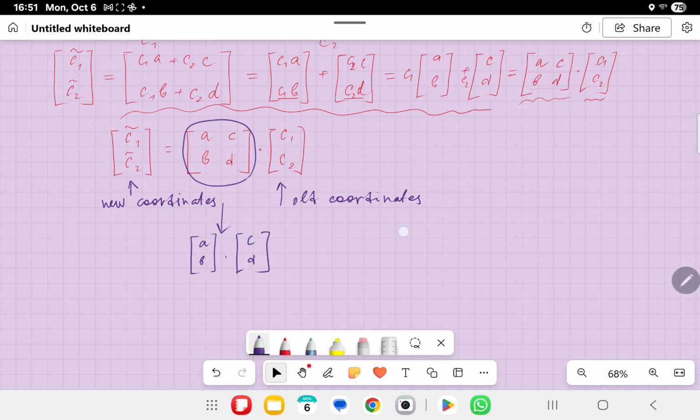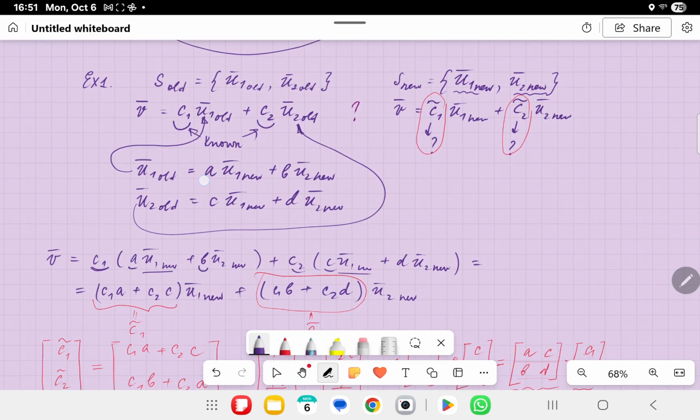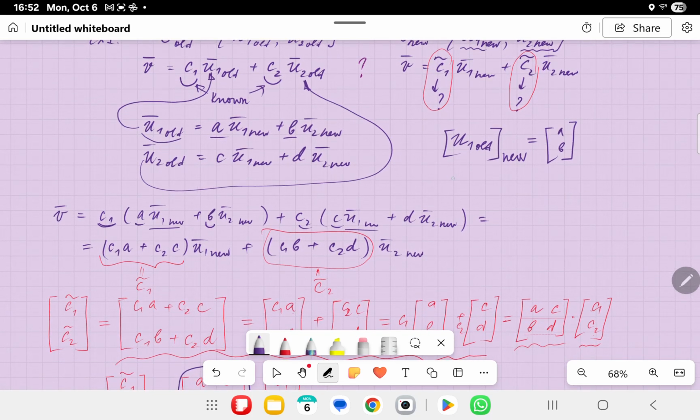What is AB? If you go back to the beginning, AB are actually the coordinates of the old vector in a new basis. So basically, if you write down, u1 old in new is going to be AB, and I'm going to do the same for u2 old in new basis, which is going to be CD.